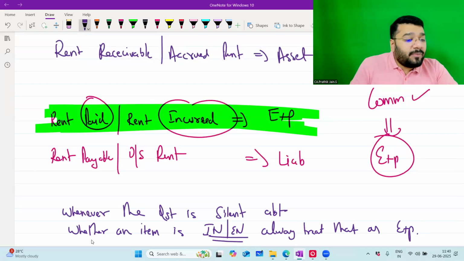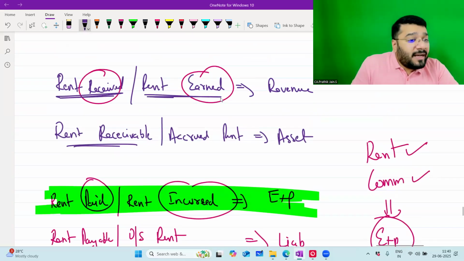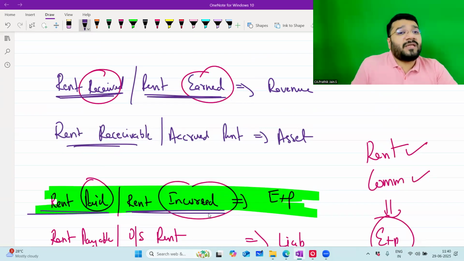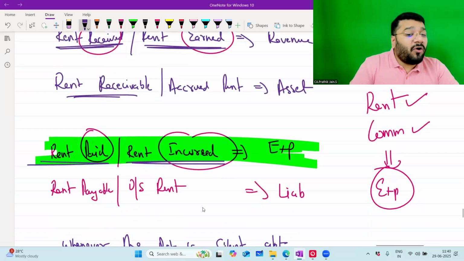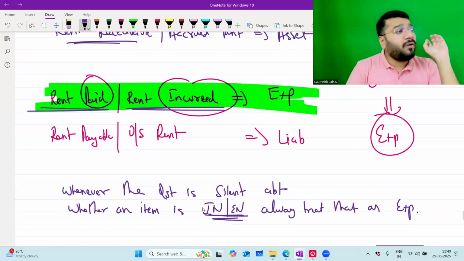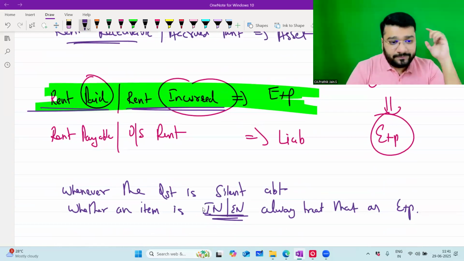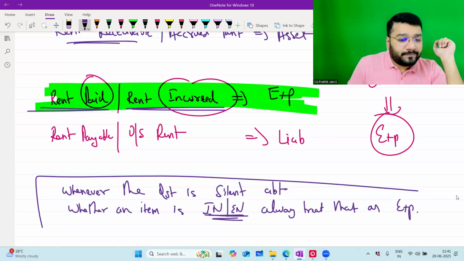Whenever the question is silent about whether it is income nature or expense nature, that is rent received income nature, rent earned income nature, rent paid expense nature, rent incurred expense nature, when such information I don't have, we will always assume that it is of expense nature. This is a standard rule that we have for 11th CBSE, 12th CBSE, CA Foundation, CA Inter, CA Final. Everybody. It's a universal norm.